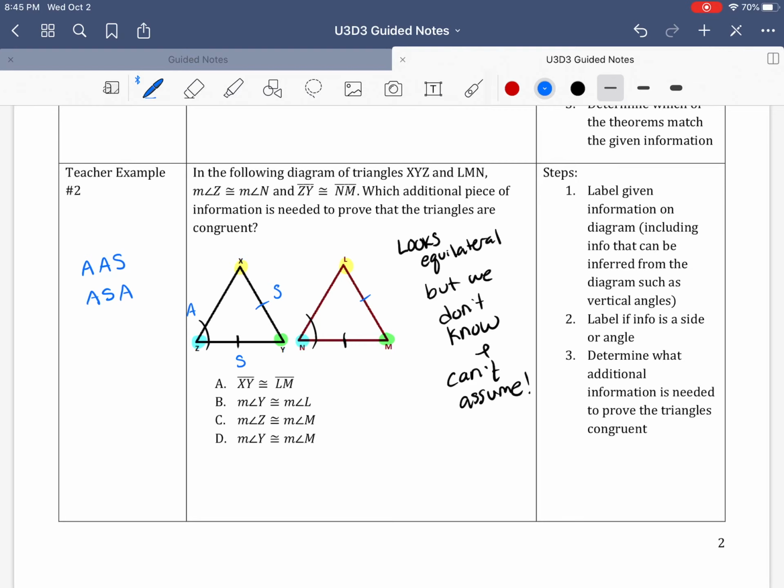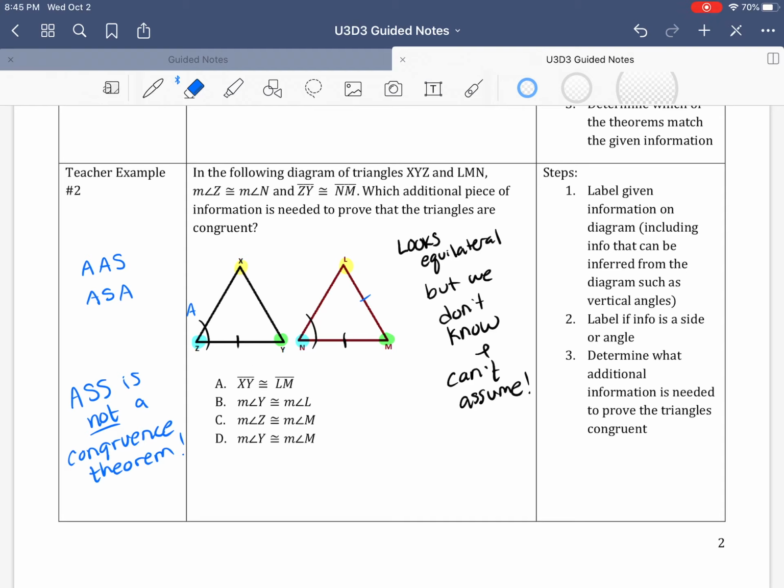And this one gives us angle side side. ASS is not a congruence theorem. All right, so we know right away that's not going to be one of our theorems. So we have to try a different one.